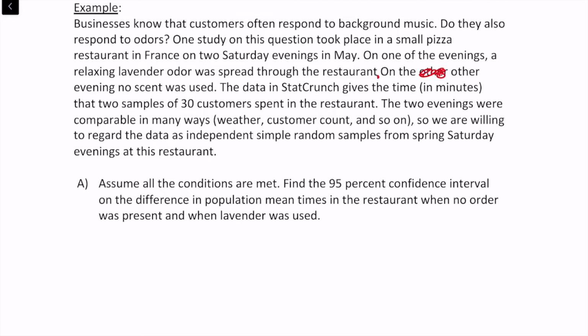Okay? All right. So what we're going to do here is, once again, identify your sample 1, your sample 2. We're going to let 1 represent no odor. And we're going to let 2 represent when they sprayed lavender in the place.